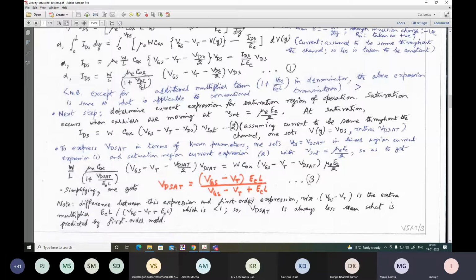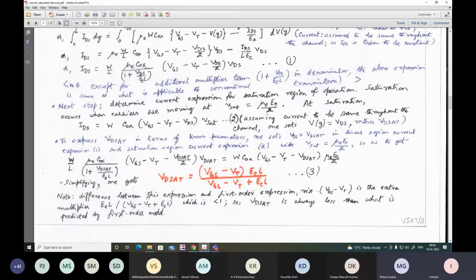So we need to note the difference between the expression that relates to VDSAT in the case of the short channel device, and in the case of the earlier long channel device where VDSAT equals VGS minus VT. And this will definitely influence the current value also. VDSAT is always less than what is predicted by the first order model.